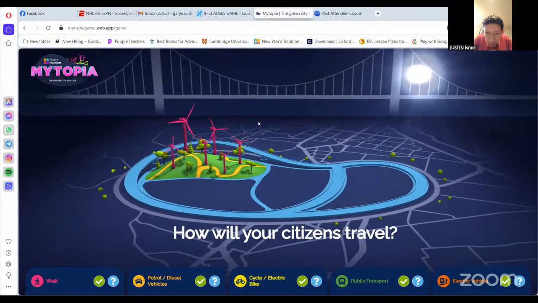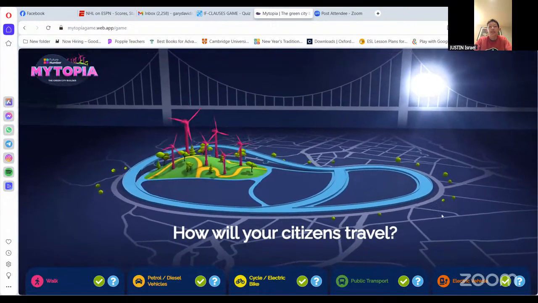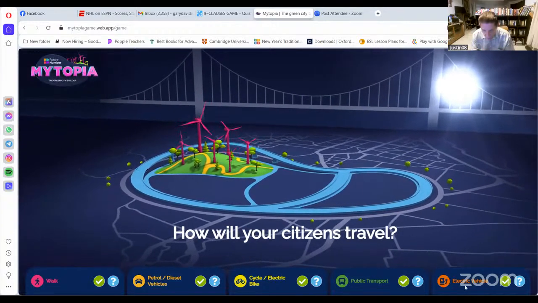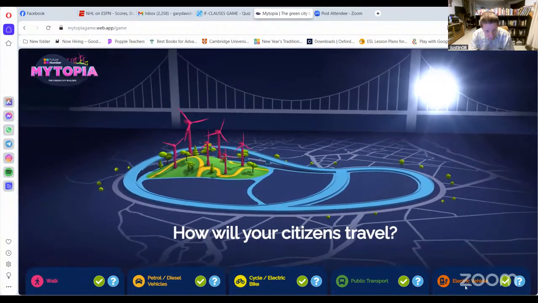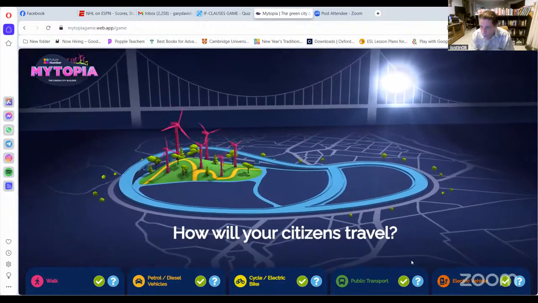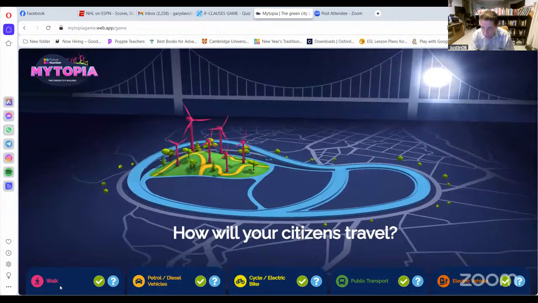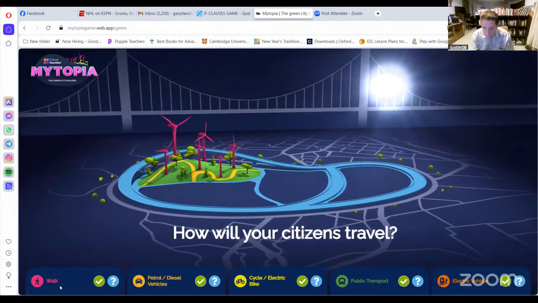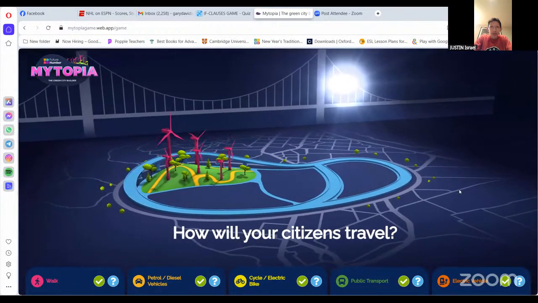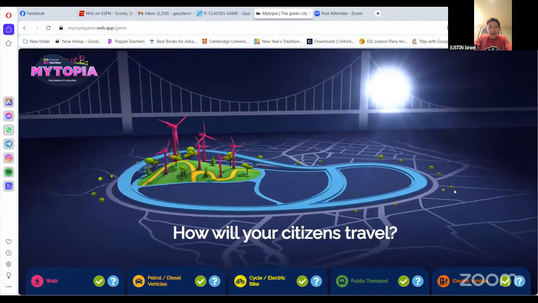They will travel by electric vehicles. Okay, so electric vehicles. All right, how about walking, Jay? Why don't we just ask our citizens to walk around the city? If the citizens walk around the city, they would be tired.